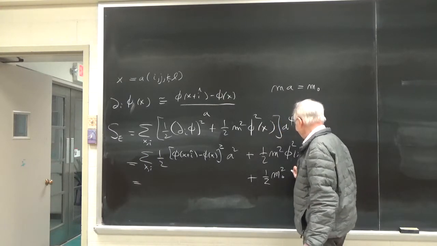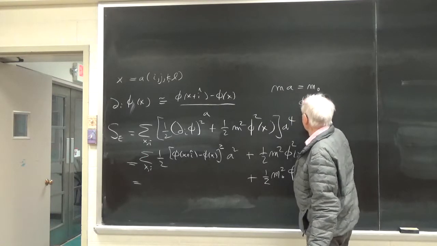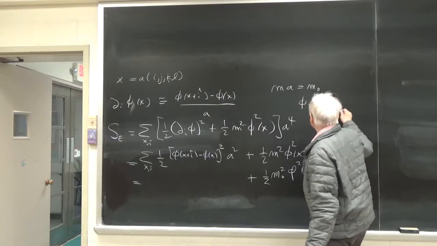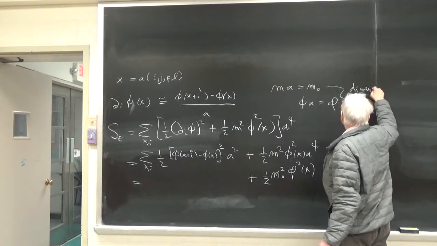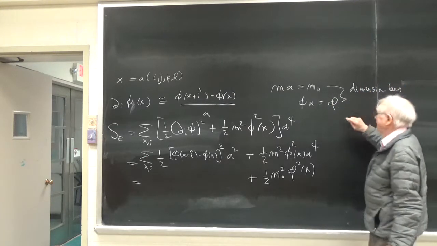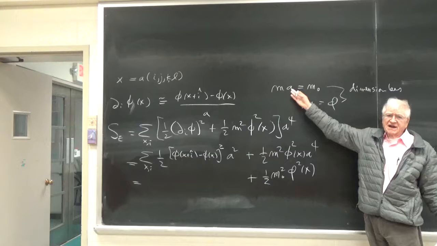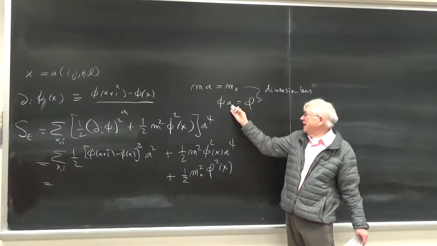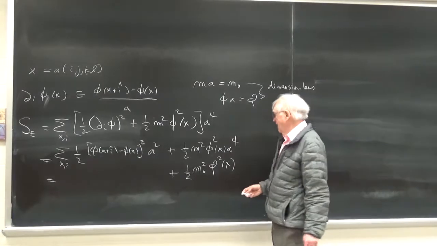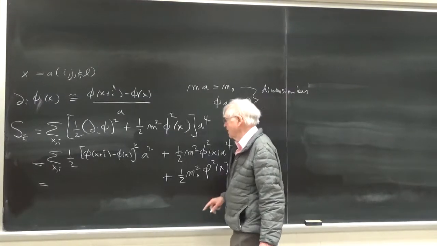And I'm going to write phi a as phi. So then these two things are dimensionless. And that's because the mass and the length are inverse in natural units, and the field has dimensions of mass, and so the field times a is also dimensionless.